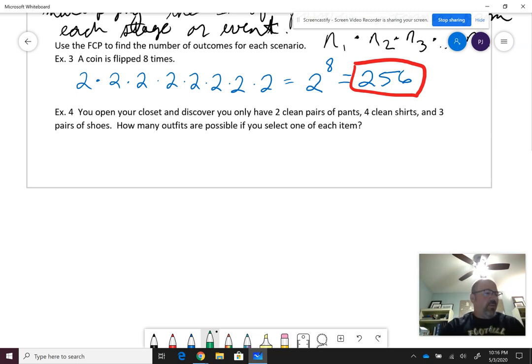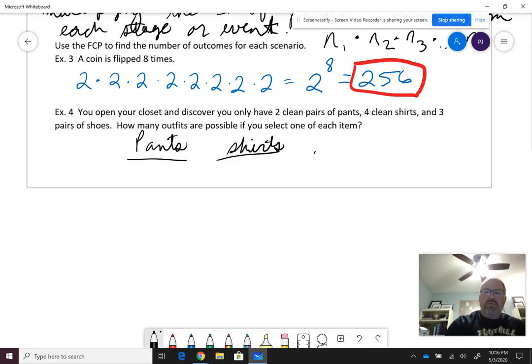All right, so what we're going to do is think about this. We've got pants, shirts, and shoes. How many from each of them? Pants, what do I have? I've got 2 of them. Shirts, how many are clean?